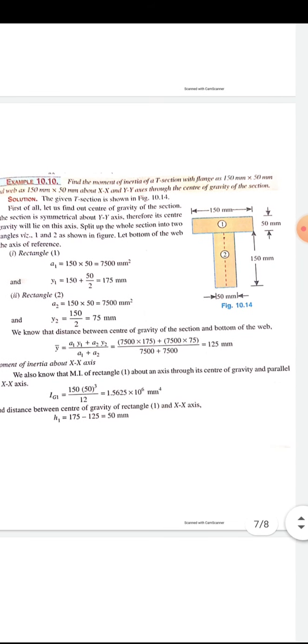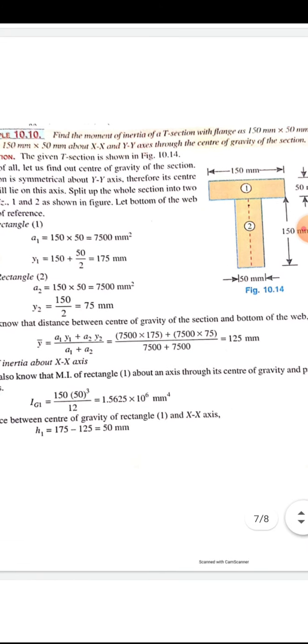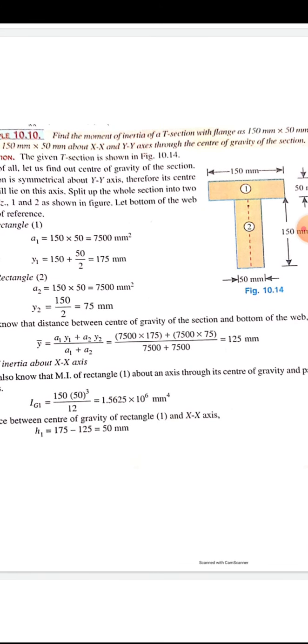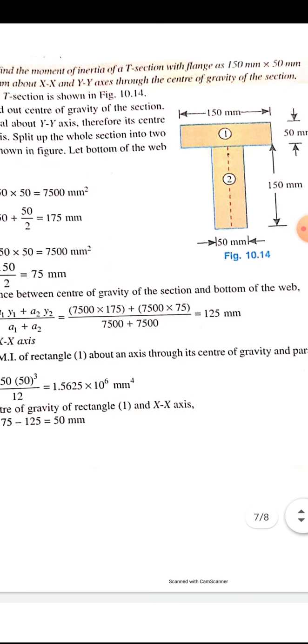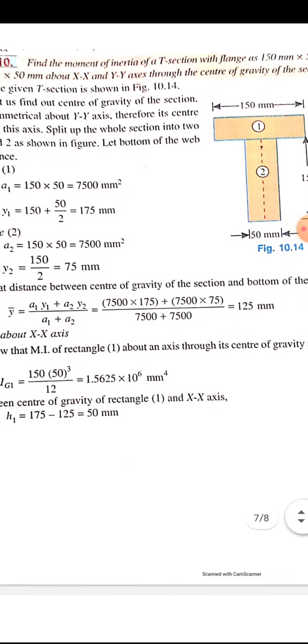We know the distance between the center of gravity of the section and the bottom of the web is y bar equal to a1 y1 plus a2 y2 by a1 plus a2. Just calculate. You can calculate with a calculator and it comes to 125 mm. Okay.